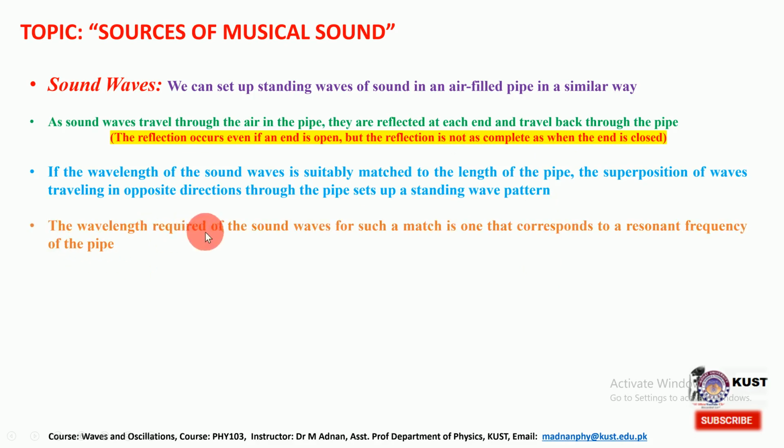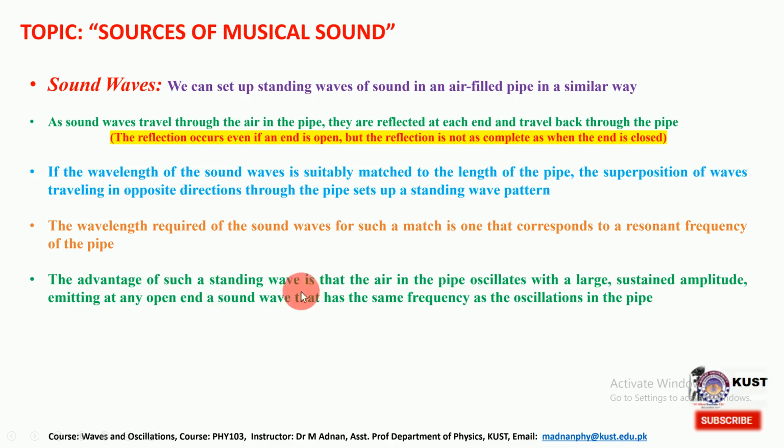The wavelength required of the sound waves for such a match is one that corresponds to the resonant frequency, as I discussed on the previous slide regarding the transverse waves on a stretched string. So in a similar way, that match corresponds to the resonant frequency.